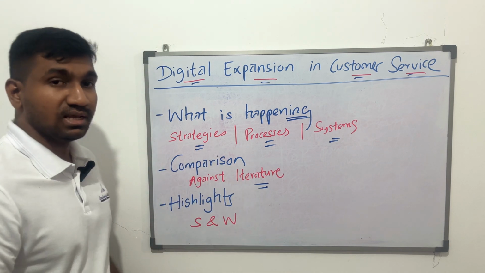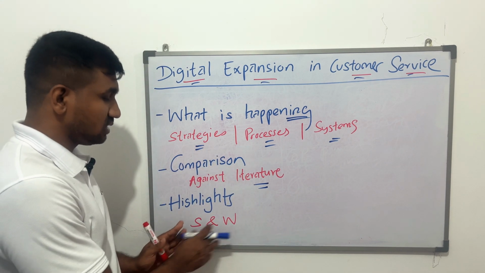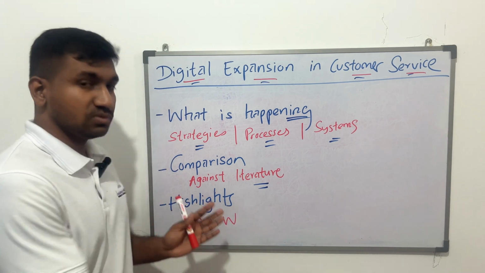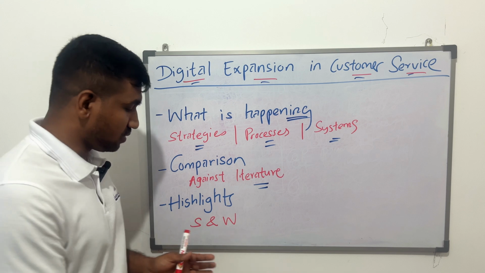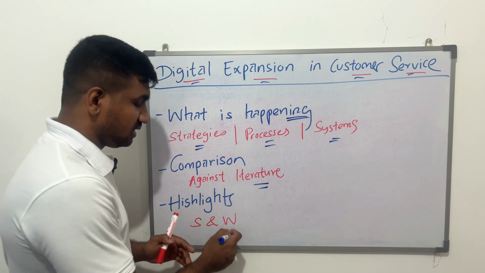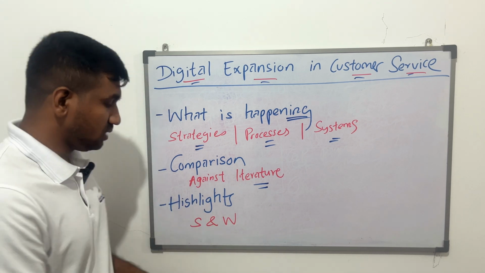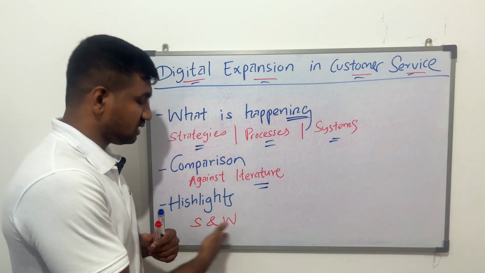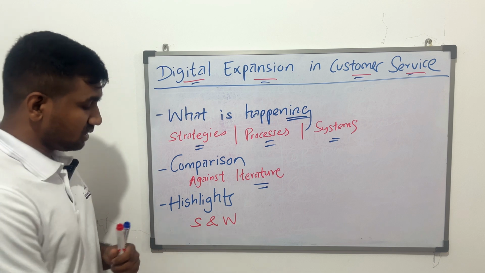And then you have highlights. On the highlights you need to focus on strengths and weaknesses. So what are the strengths that you have and also what are the weaknesses, the things that you can improve, not the recommendation, the weaknesses. You don't have this yet. So under strengths and weaknesses you can touch on that as well.